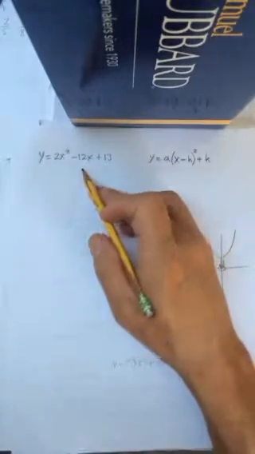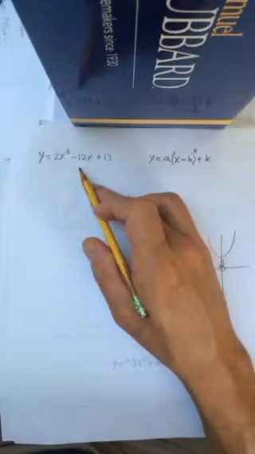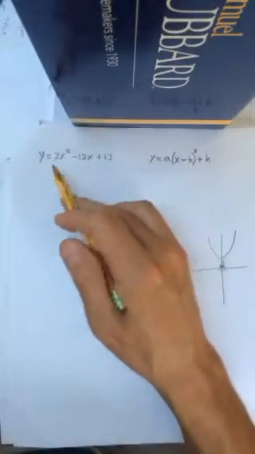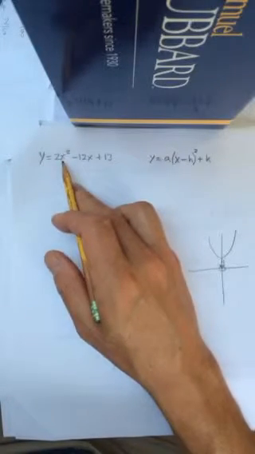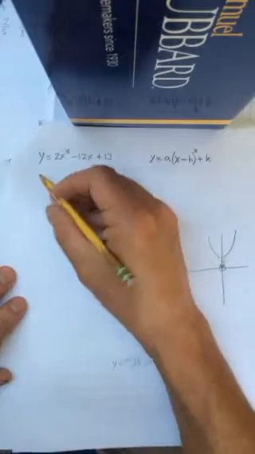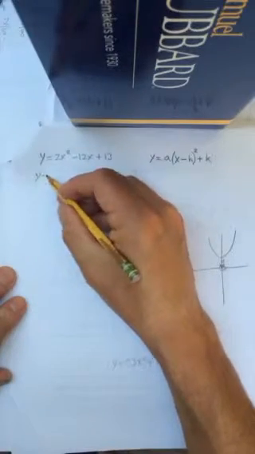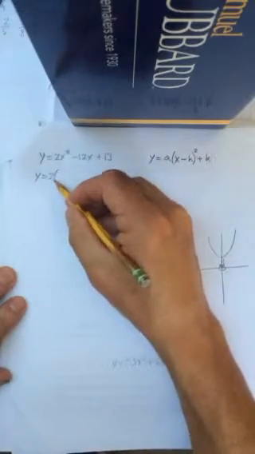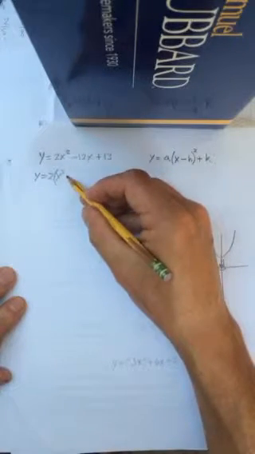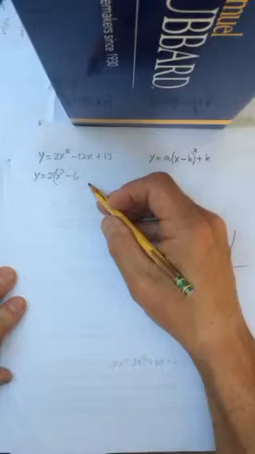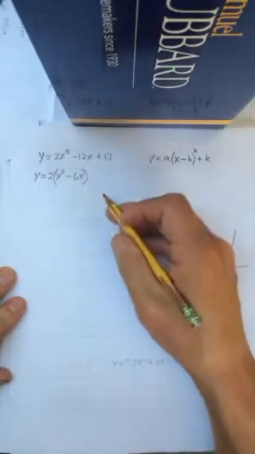So very handy to have it like that. But how do we get it like that? So we start with this. First thing you have to do is factor out the coefficient that's in front of the x squared term. So how do you do that? You go y equals 2, and then parentheses, x squared minus 6x, right?